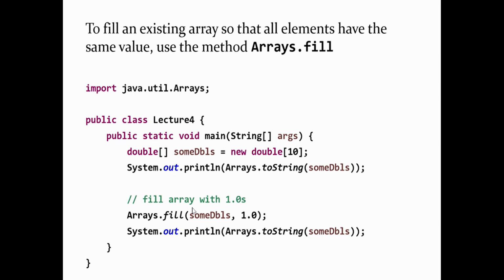If I fill that array with ones, the method is Arrays.fill, the name of the array, and the value you want to assign to all the elements. Print it out, and you'll get 10 ones. So fill is a handy little method that will fill an array with the same value. You can write a loop too if you wanted to, but using fill is a lot easier.